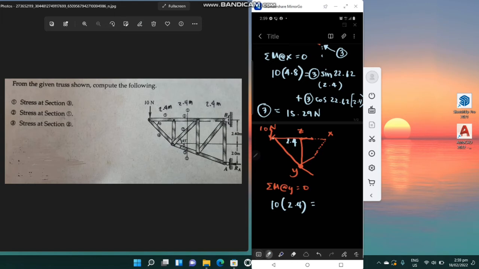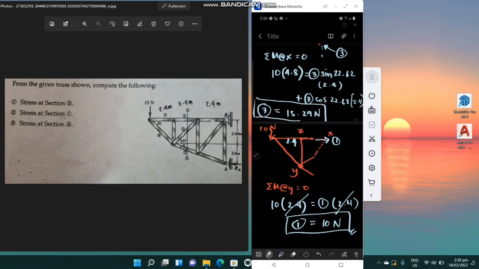This is supposed to, if this is clockwise, counterclockwise, this should be tension. So this is 1 multiplied by 2.4. So cancel, therefore pareha og magnitude sa load si section 1. Okay, this is for number 1, this is for number 2.